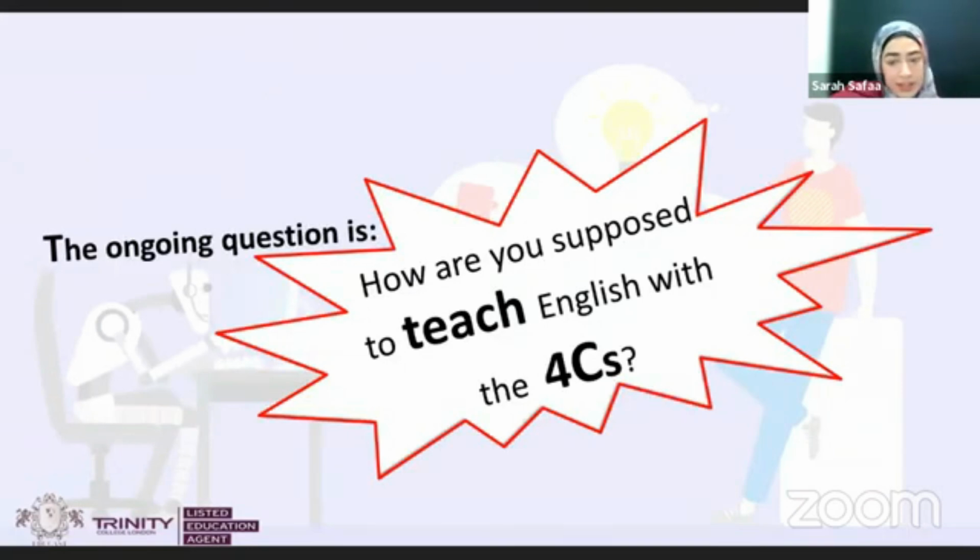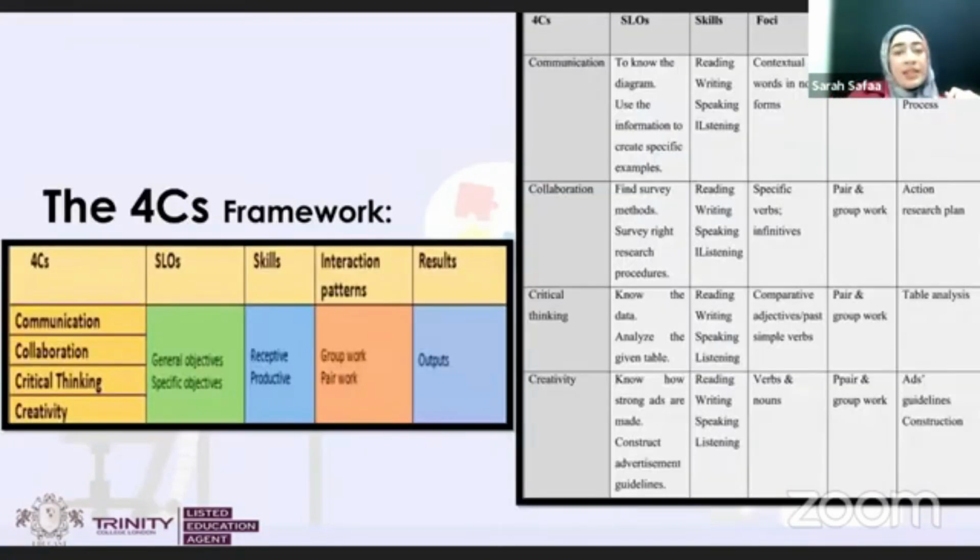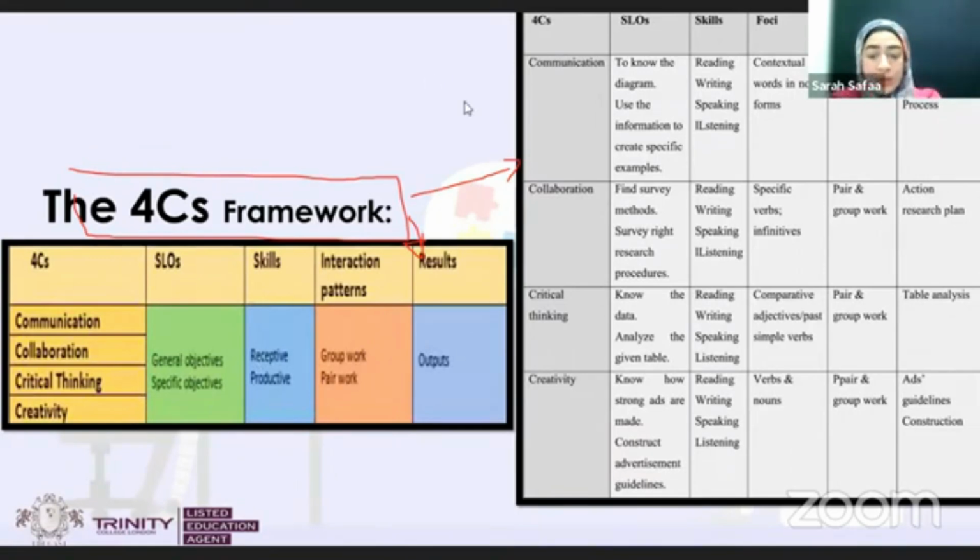This is the question that I have raised. If you used Google to find the 4 C's framework, this is basically what you will find. However, I found it a bit complicated to apply in such a structure, so I have developed my own structure, and I'm very happy to share it with you.